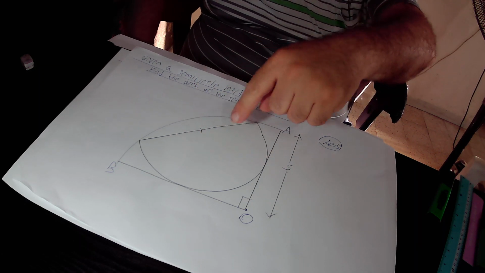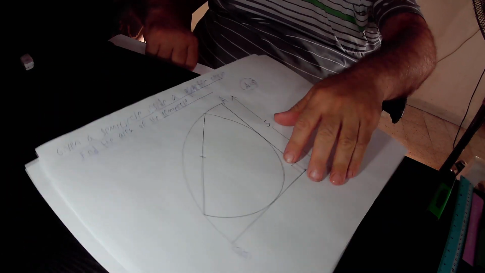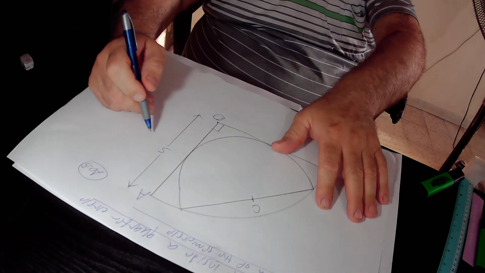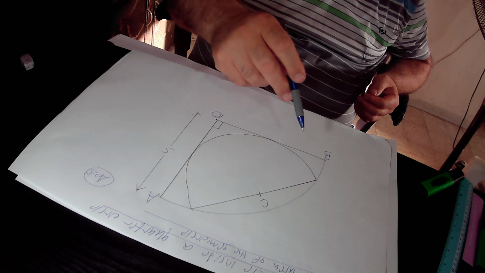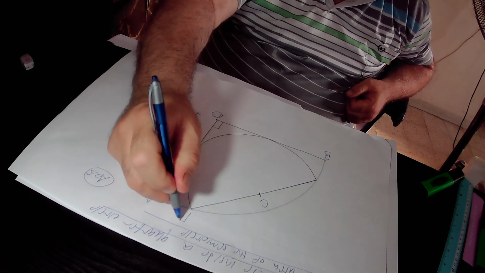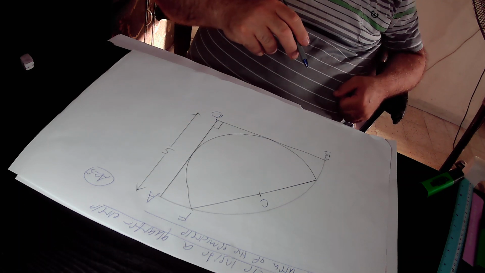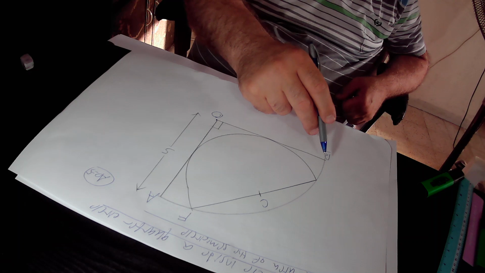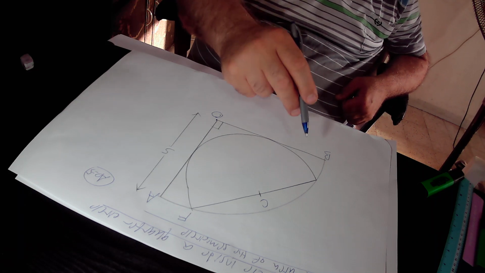This point is point C. Likewise, we define the touching point between this quarter circle and this semicircle. This point is point F. And we define the touching point of the semicircle with the quarter circle.